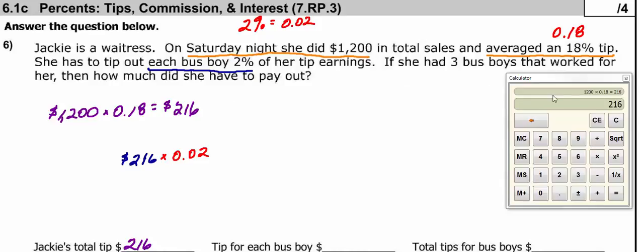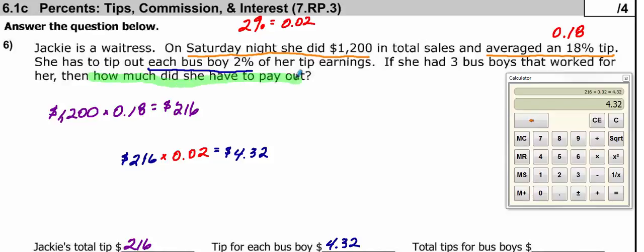So if we take the 216, it's still on our calculator, we multiply that by 0.02, we can see that each busboy gets $4.32. So tip for each busboy, $4.32. Since the question is, if she had 3 busboys that worked that night, how much did she have to pay out?